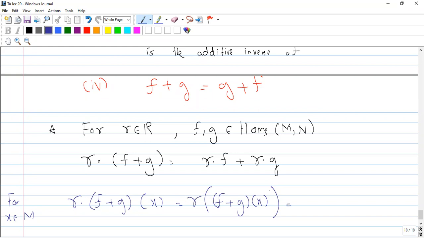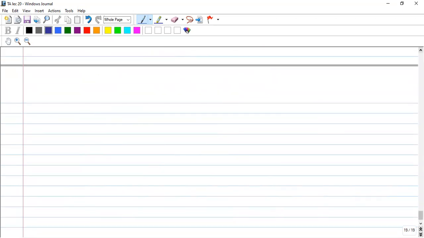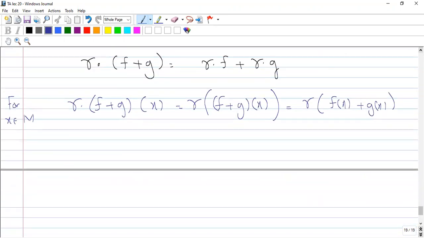Now here I will use the definition of the point-wise addition. So equal to r into (f of x plus g of x), and this thing is equal to r into f of x plus r into g of x, and this thing is equal to r dot f of x plus r dot g of x.